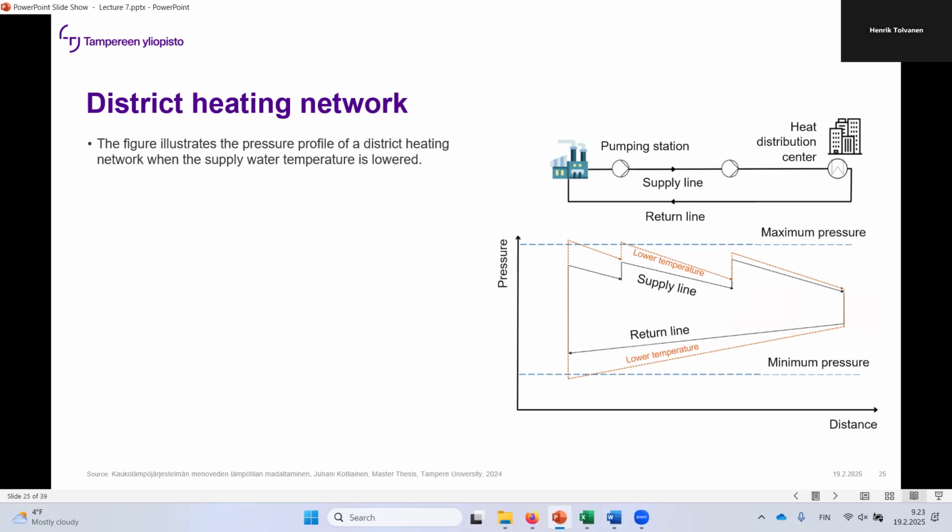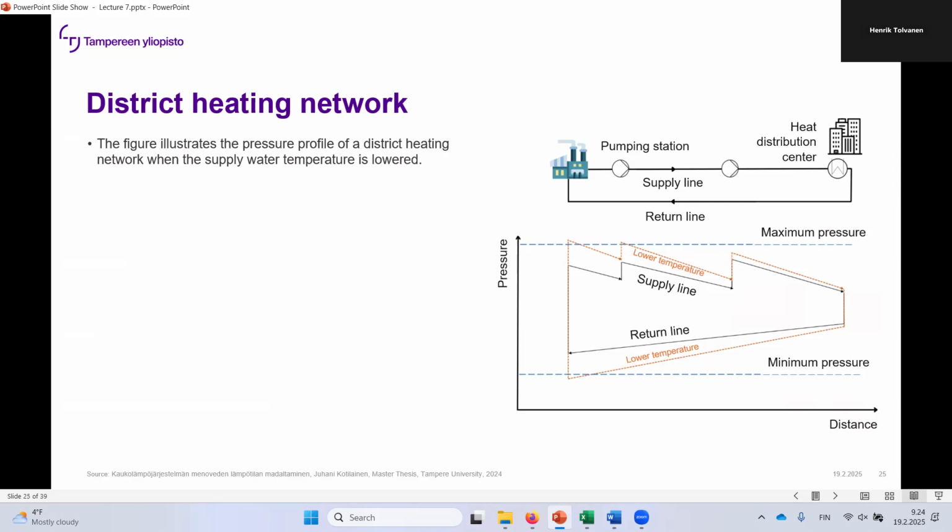So what happens in the supply line? The temperature is high and the pressure is high in here. The pressure starts lowering because of friction. Then you have a pump, it spikes up and then lowers. Then you have a pump again, spikes up, pressure decreases, and usually in the return lines you don't require those pumping stations. In some cases, if you have a lot of elevation, you can use those.